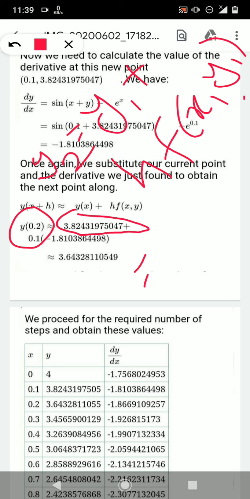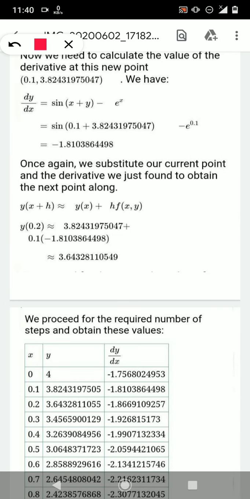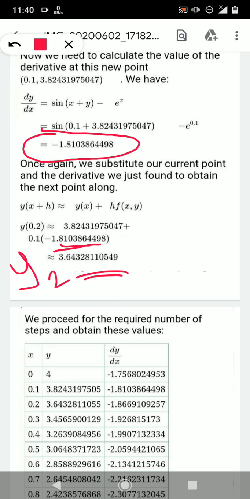That is, y1 is equal to 3.8243, etc., plus h, which is 0.1, into the function value f(x1, y1), which is equal to minus 1.8103, which is approximately equal to 3.643281, etc. That is the second approximation, y2.